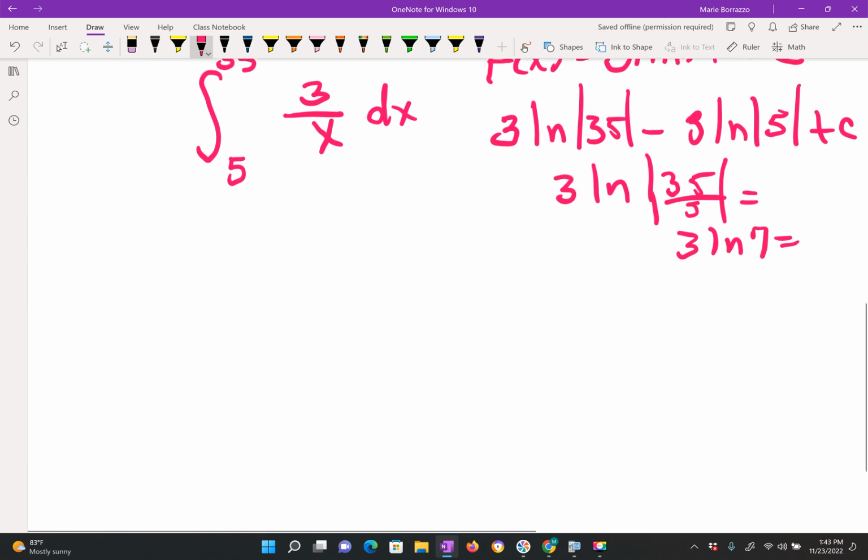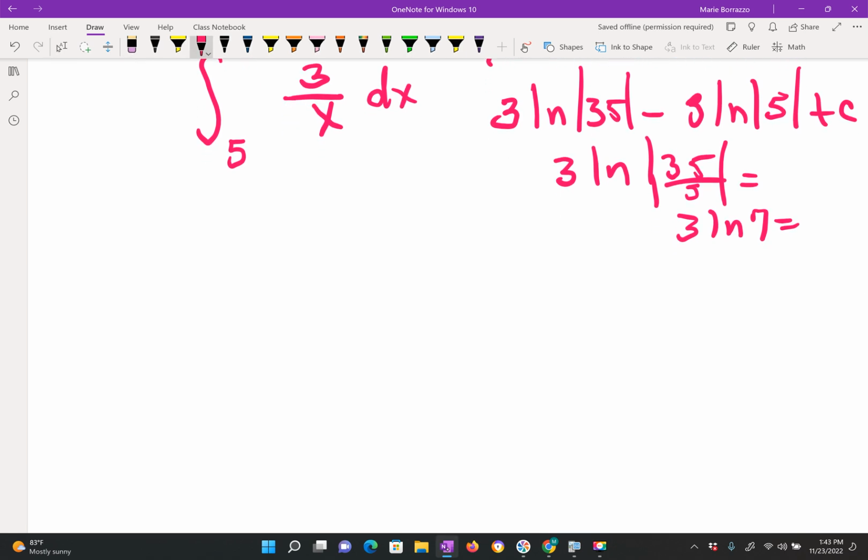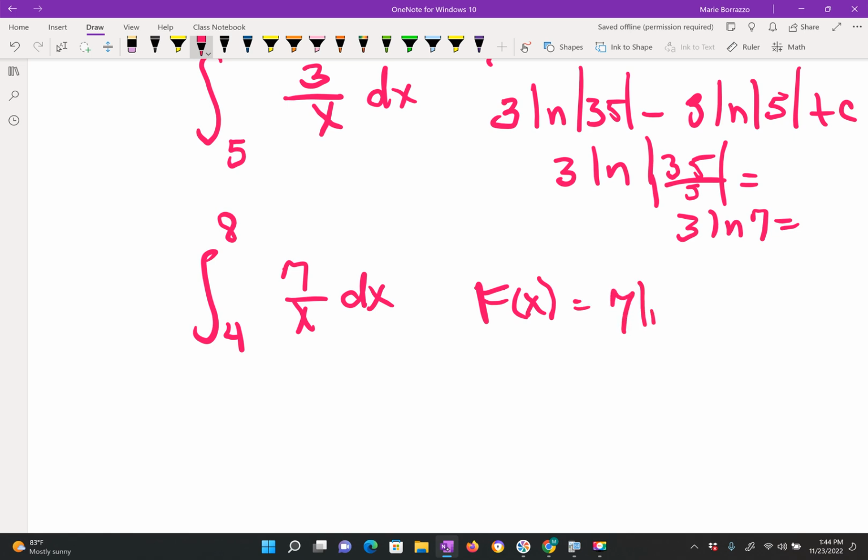Let me give you one more just in case. If I have another integrand, let's say I'm looking for the area from 8 to 4 of 7 over x dx, I want you to remember once again that the antiderivative in this case is simply 7 natural log absolute value of x plus c.